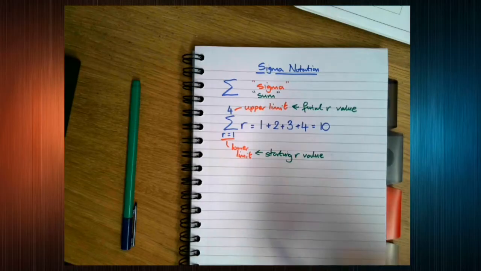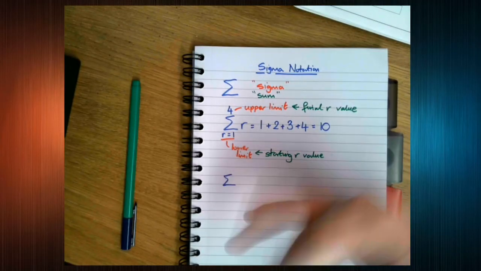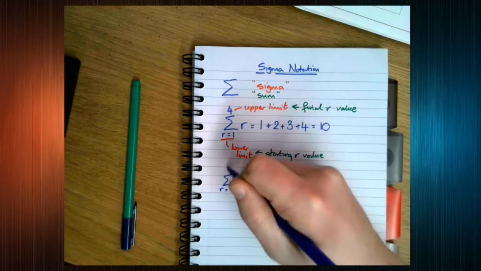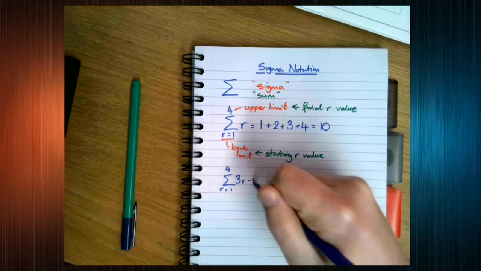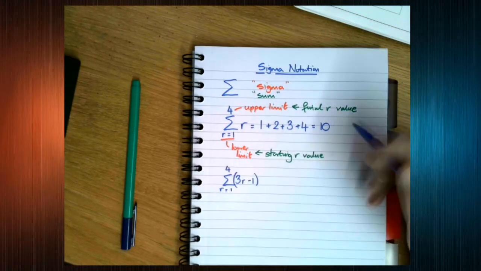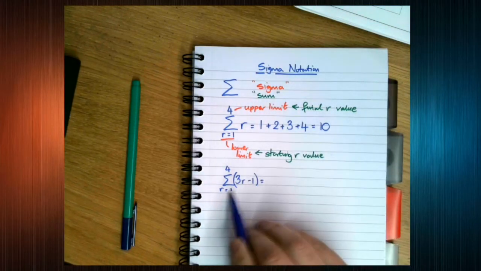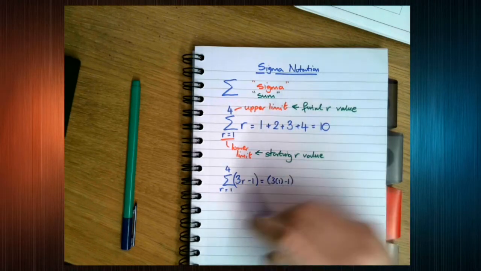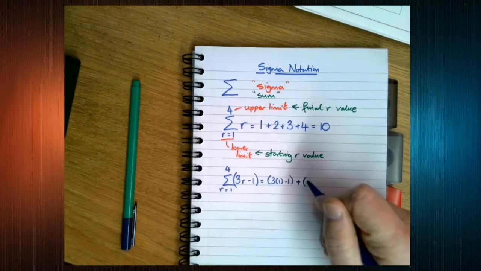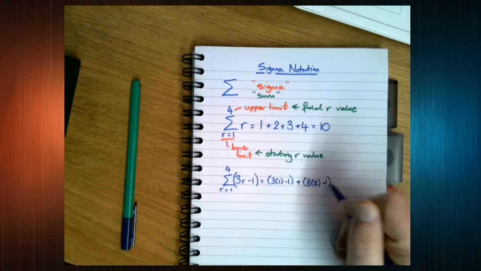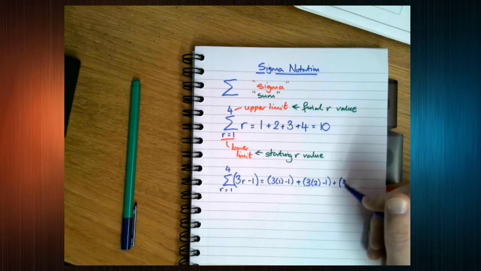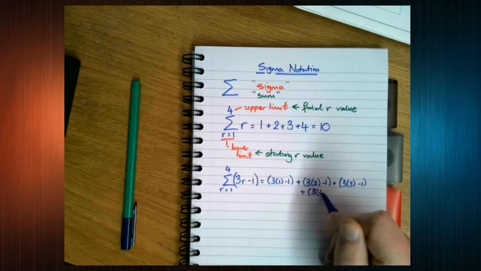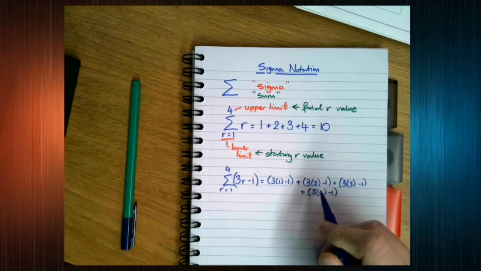Now, if we have a slightly more uncomfortable nth term formula, like this, for instance, what we're going to do is put 1 into this formula, then put 2 into the formula, put 3 into the formula, and put 4 into the formula, and then add all the numbers together.